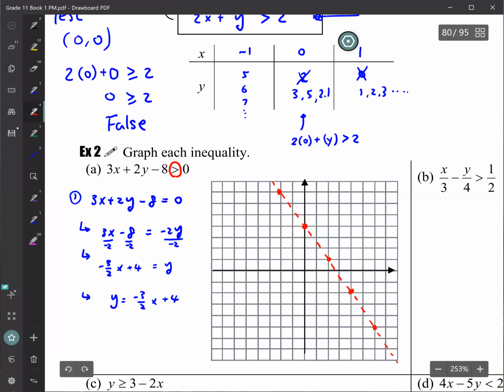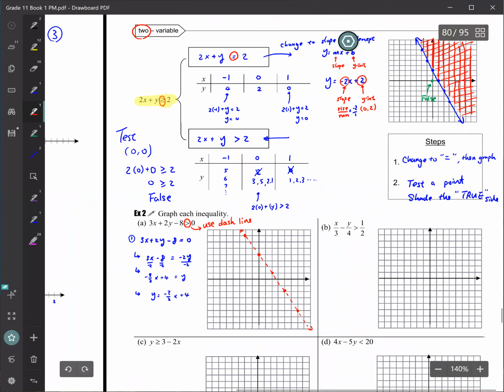You can write this down: use dash line. If there's no equal sign, that means the line is not there, and to show that the line is not there, you use a dash line. Okay, so now we got our line.